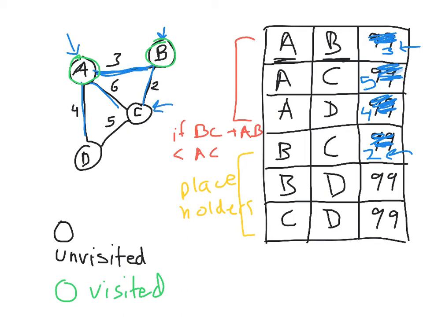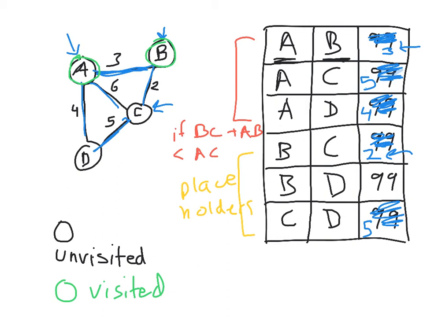And really, we've checked C and B. We've checked A and C. We have those values already updated. The only one we don't have is this one down here, C and D. And so we find that that is 5. Okay, but why does that matter?